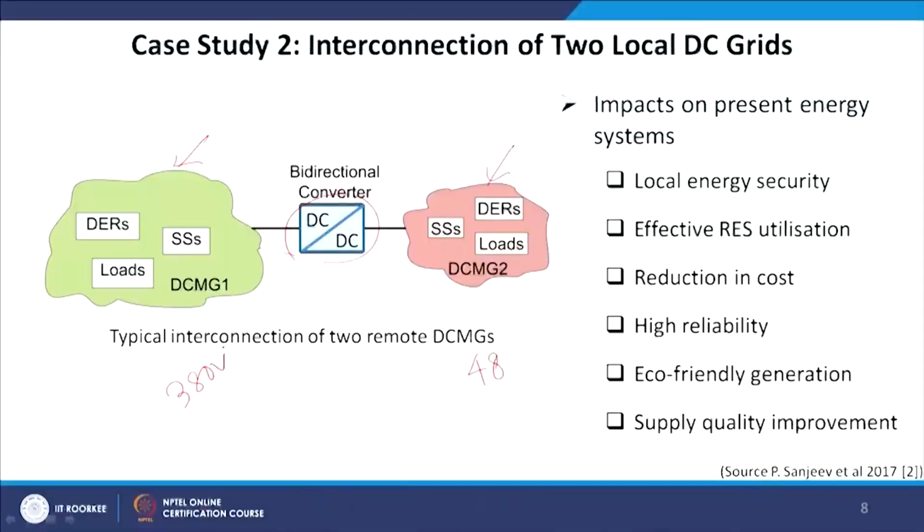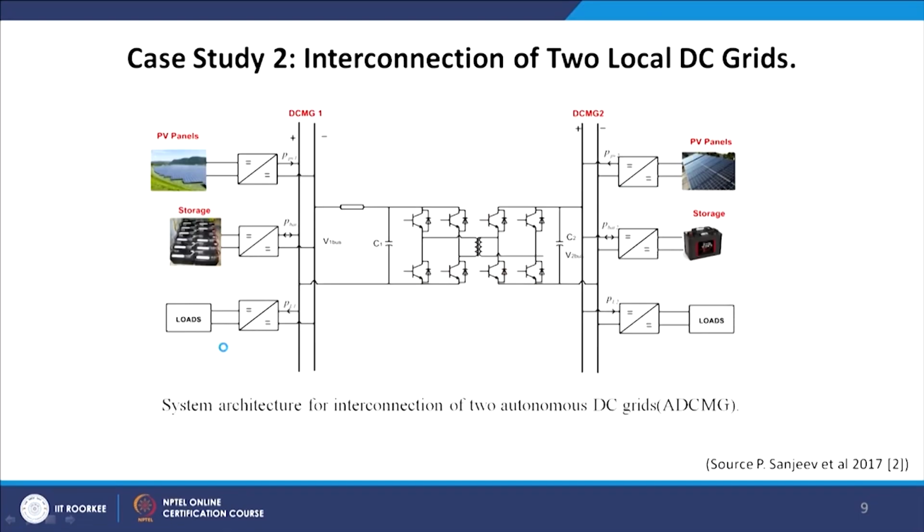First of all, we can achieve local energy security, effective renewable energy source utilization, reduction in cost, high reliability, eco-friendly generation and supply quality improvement. Now, this is how the structure looks.